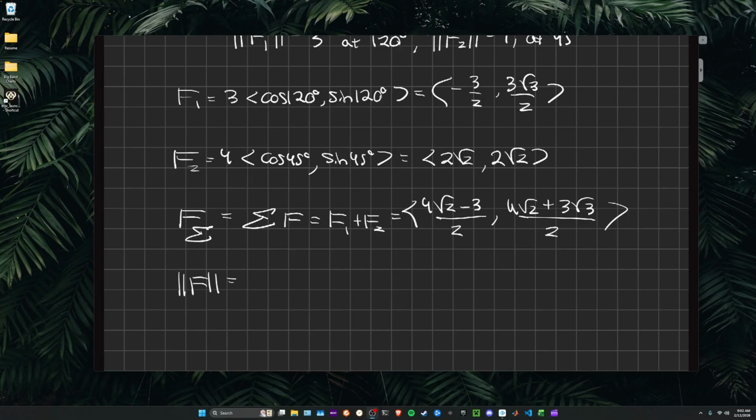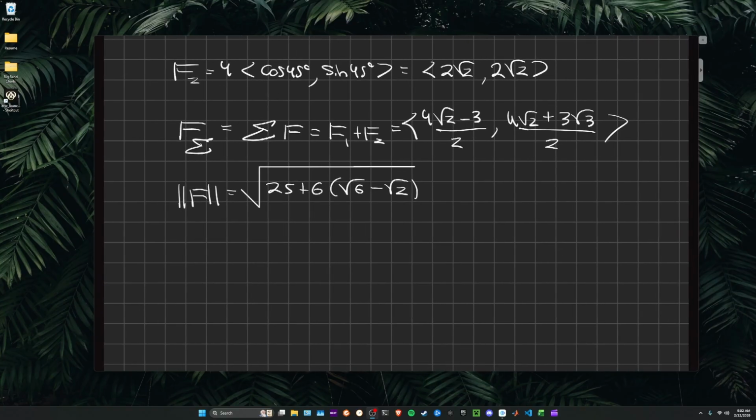So that would be square roots of... Okay, now there's some annoying arithmetic going on in the background here, but this would be 25 plus 6 times square root of 6 minus root 2. And if it's not clear where those came from, try looking at this first.